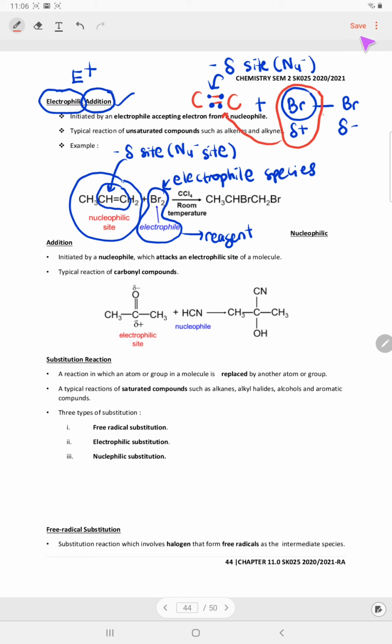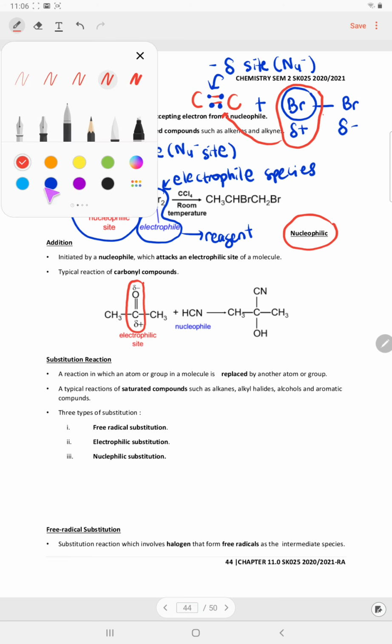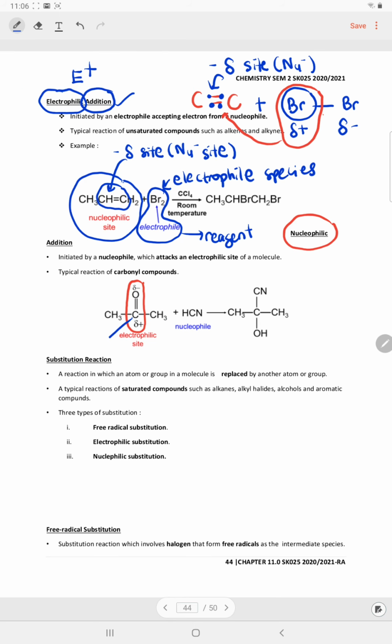Next, if it is nucleophilic addition, your organic compound must have a C double bond O. The chemical reaction takes place at this site. This becomes partially positive because the carbon is attached to a more electronegative element.